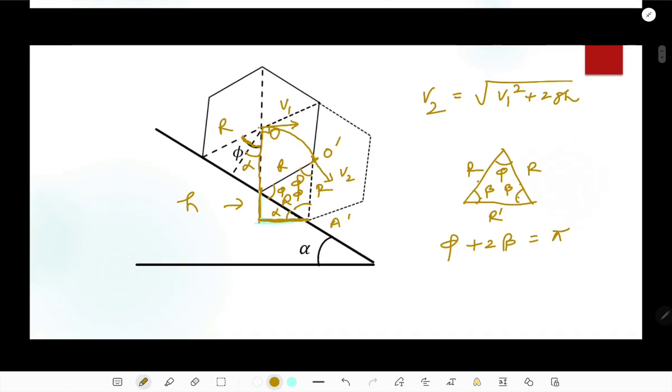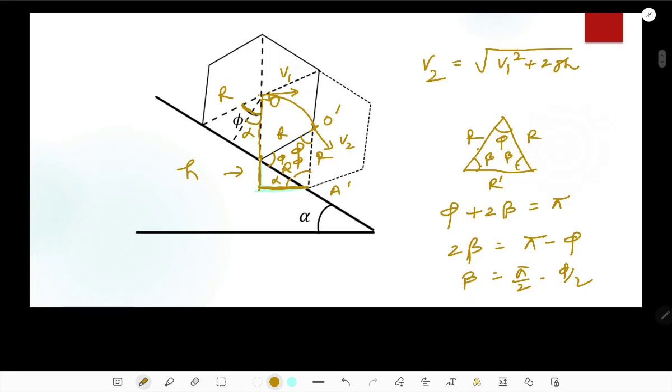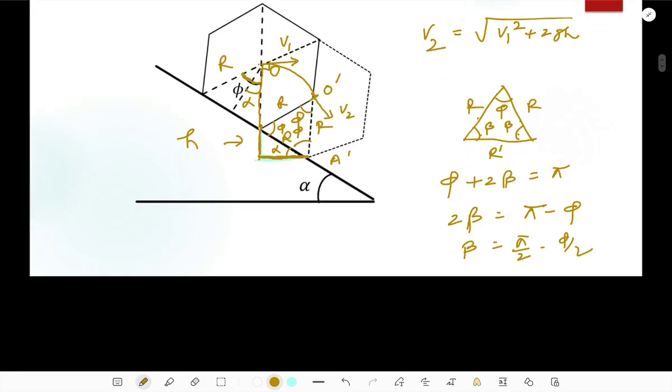So 2 beta is pi minus phi, and so beta becomes pi by 2 minus phi by 2. And then in that case you can write the sine formula: r by sine beta equals r dash by sine phi.